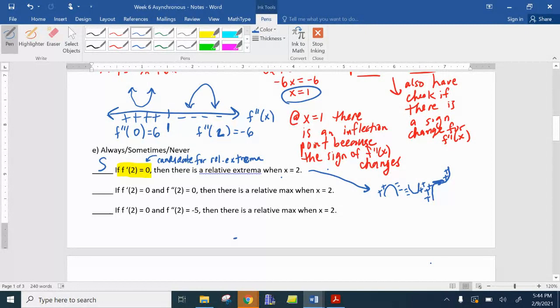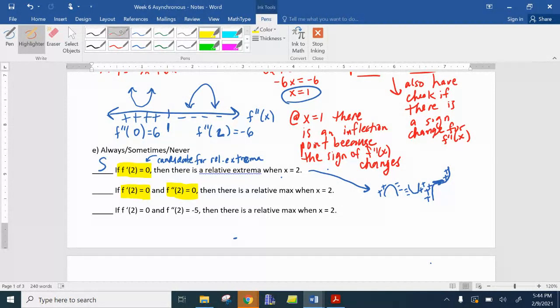All right, for the second one, once again, we know the first derivative at 2 is 0. The second derivative is also 0 at that point. Then there is a relative max when x equals 2.